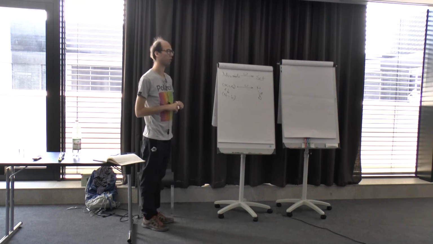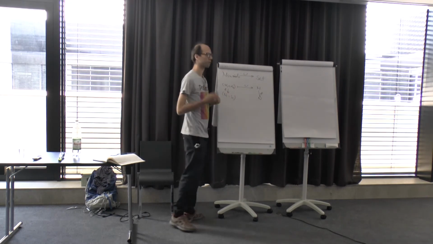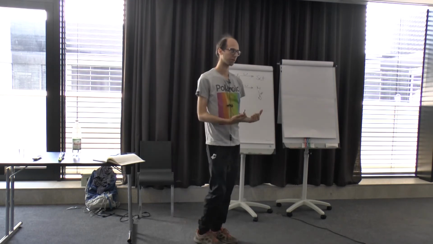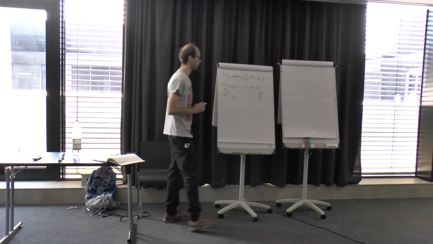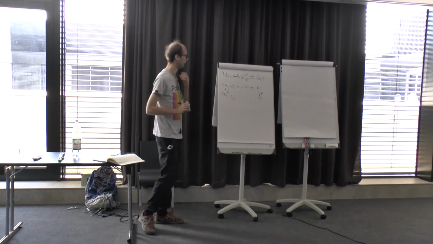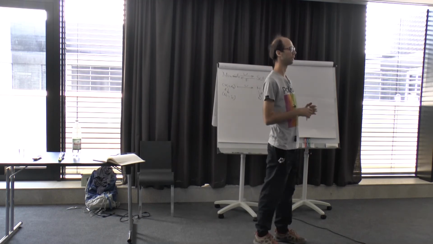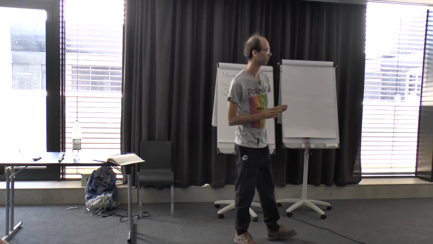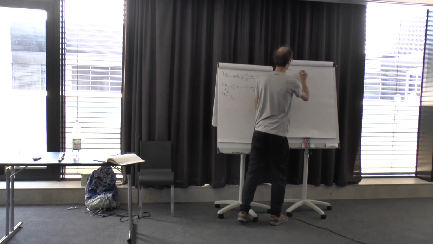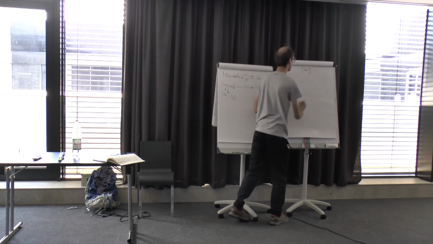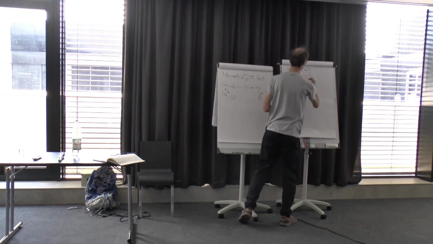But it turns out that we can also construct monoids out of sets. And some of you already know it. If you take any type A, you can take the list of type A, and this thing is actually a monoid.